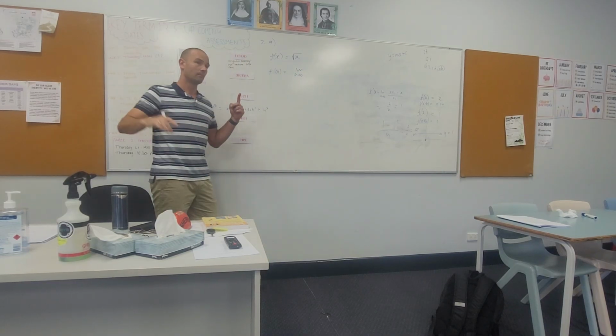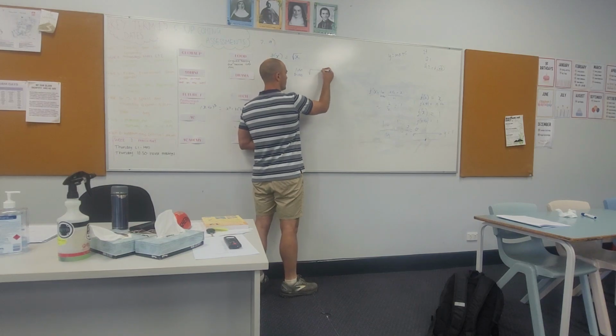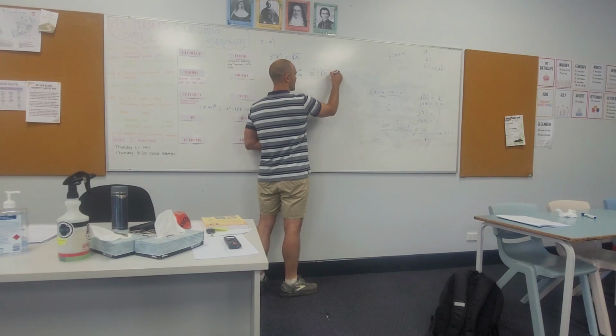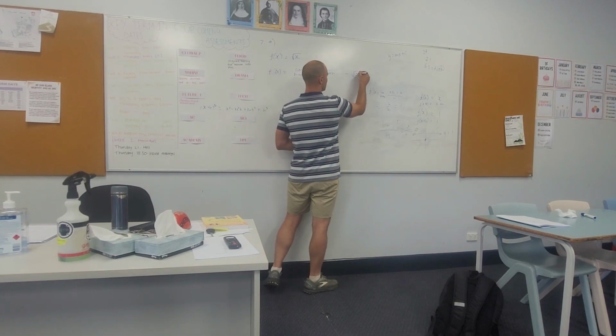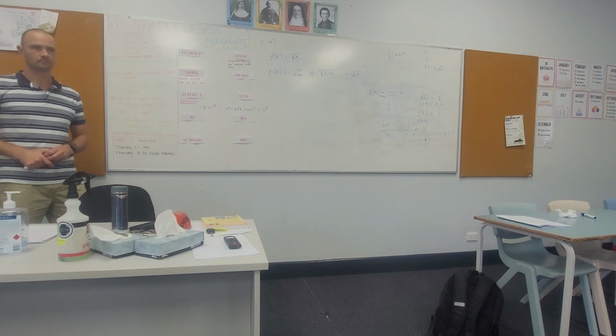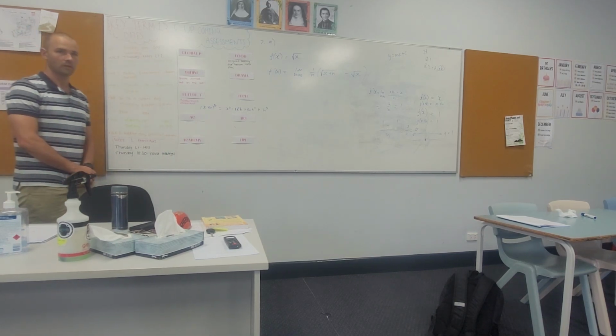So step 1, put the things into the formula. We have the limit as h approaches 0 of 1 on h, and then in brackets, f of x plus h, take f of x. Okay, so that's step 1.